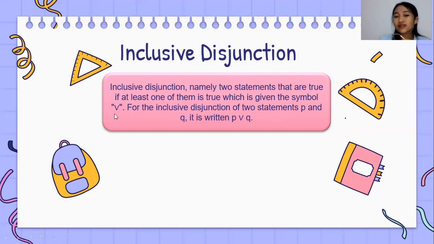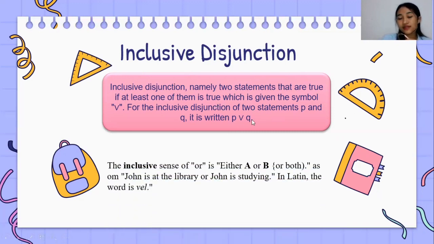For the inclusive disjunction of two statements P and Q, it is written P or Q, like this. The inclusive sense of "or" is either A or B or both, as in "John is at the library or John is studying." In Latin, the word is vel.